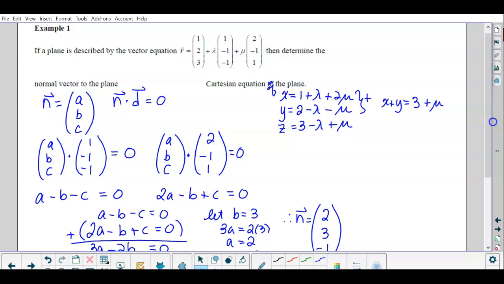And then get rid of lambda, the same parameter, here again by adding these ones, I would have x plus z equals 4 plus 3 mu.